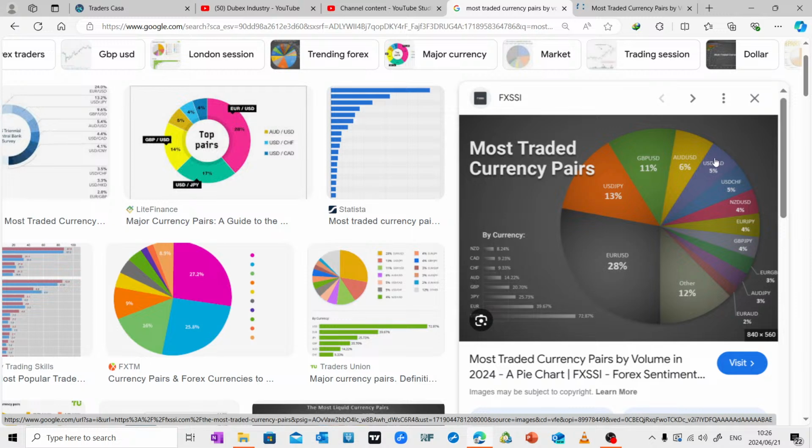I usually trade USD CAD and CHF, but I'm slowly trying to come into AUD USD, GBP USD. I haven't been trading this one because I just had a stereotype to it. But this one, Euro USD, I always get clapped. It would punish me all the time. But I feel like now I'm ready to grab that bull by the horn. So we'll be looking at USD JPY.